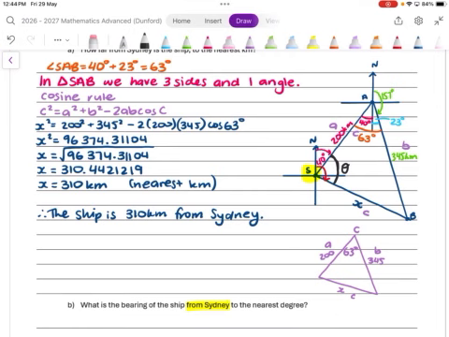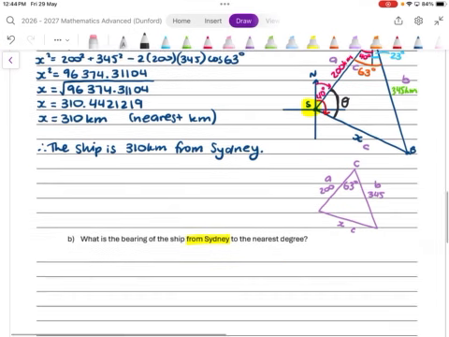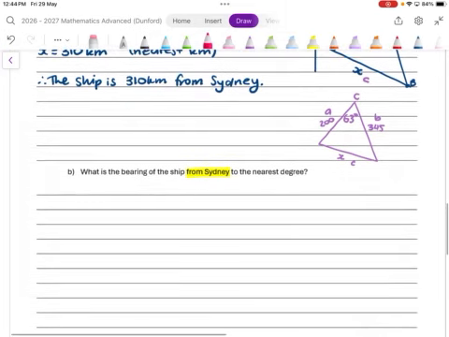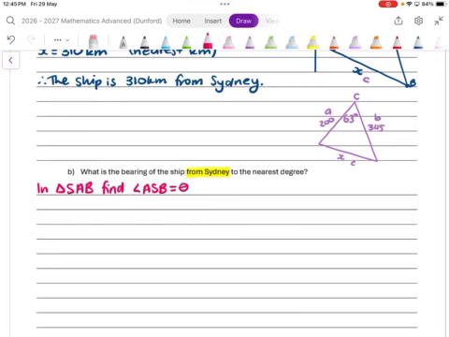Okay, so if we just draw our triangle, so in triangle SAB, we want to find angle ASB, which we're going to let equal theta. So let's draw that triangle first.